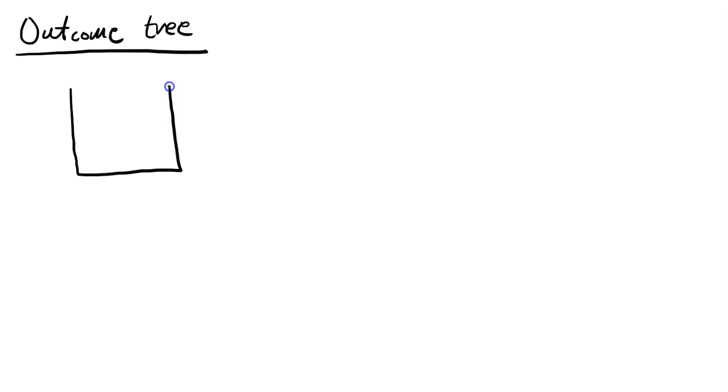An outcome tree is a useful tool to calculate probabilities. And to explain what an outcome tree is, let's take a concrete example. Let's say we have a box of balls, and we want to draw balls randomly from there.